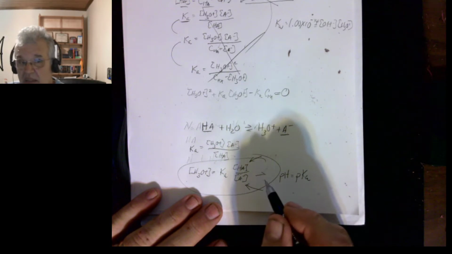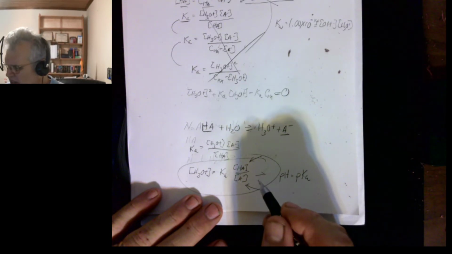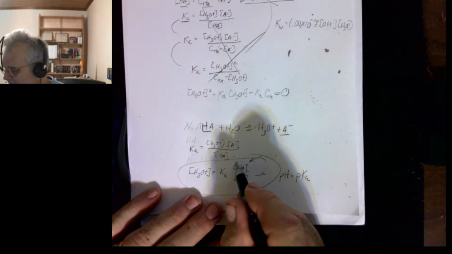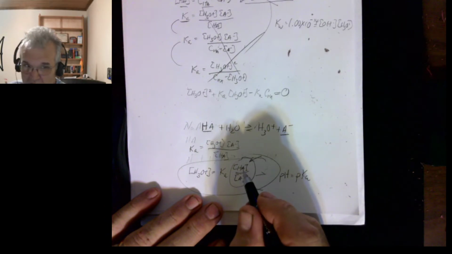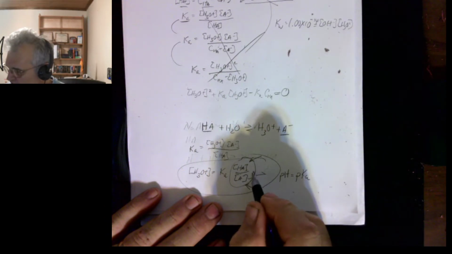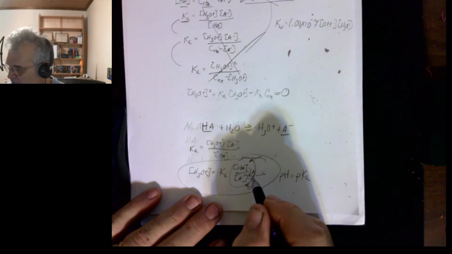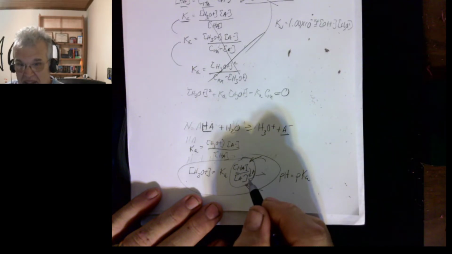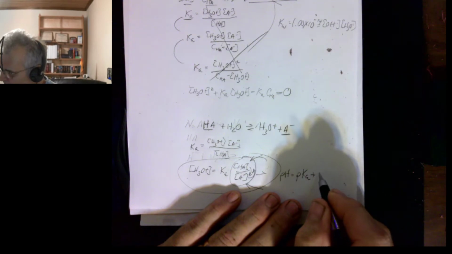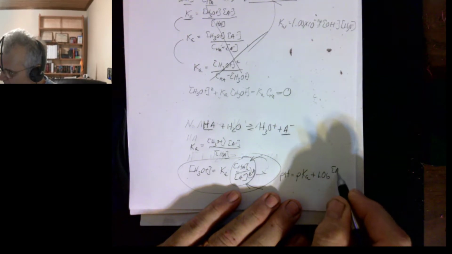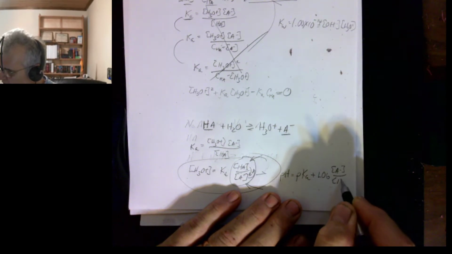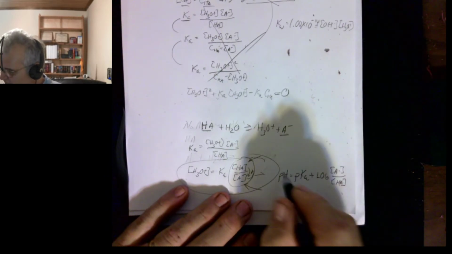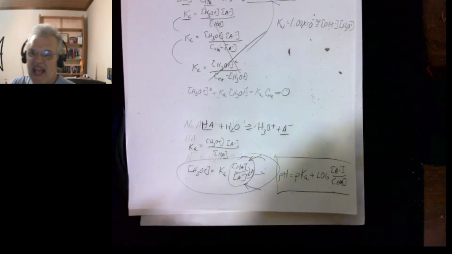But this is the negative log, but we like to have addition, so I'm going to take the negative log of this, but also knowing your rule of logs, if I switch the A and the HA up and down, that changes it from a negative log to a positive log. So that's plus the log of A minus conjugate base over HA. And that's known as the Henderson-Hasselbalch equation.